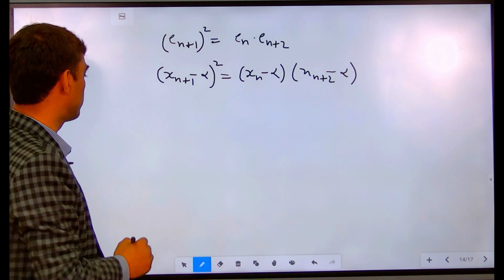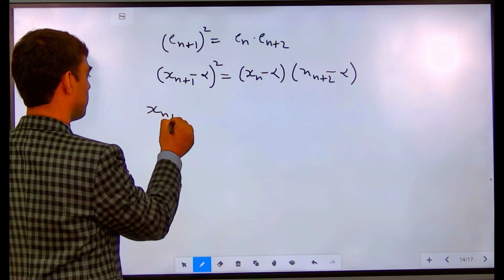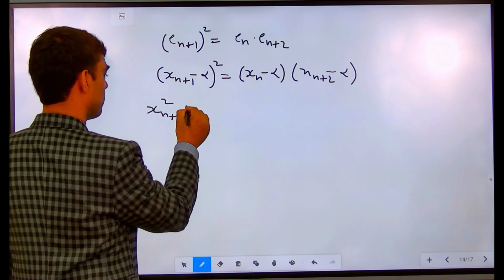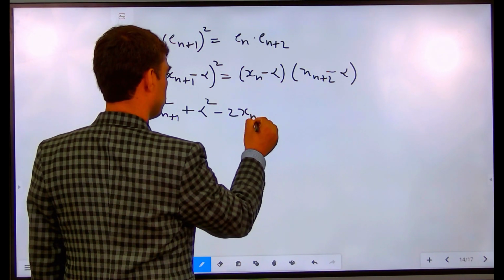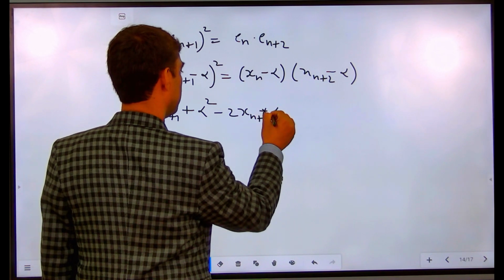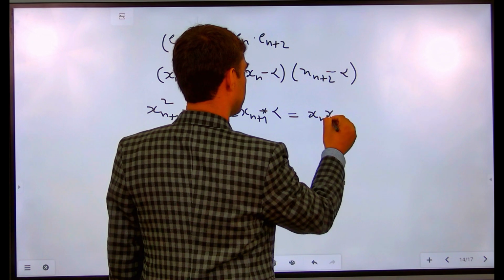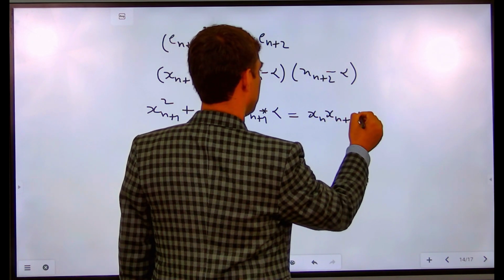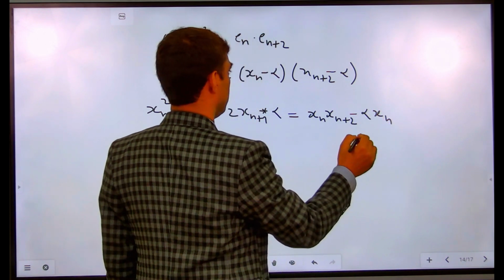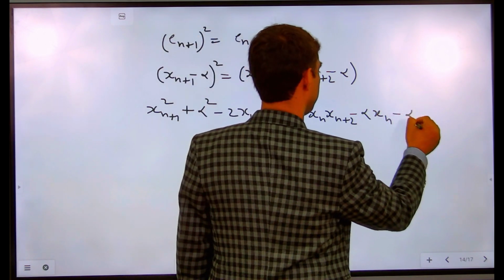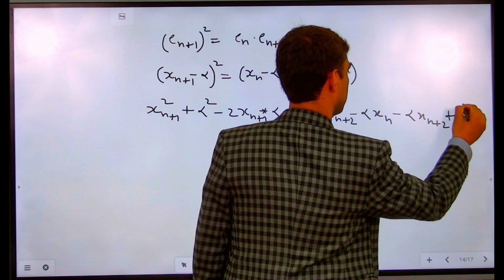If we simplify this one, then this becomes xn plus 1 whole square plus alpha square minus 2 xn plus 1 into alpha equals xn into xn plus 2 minus alpha xn minus alpha xn plus 2 plus alpha square.